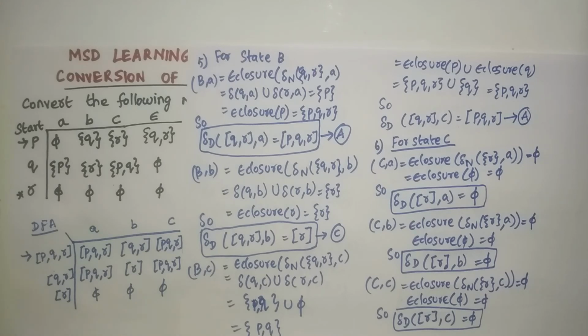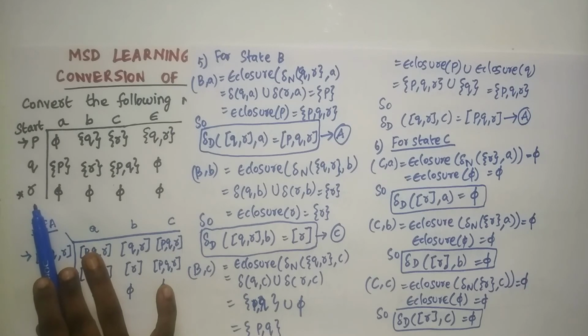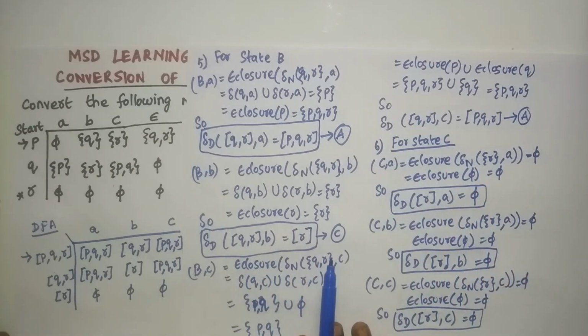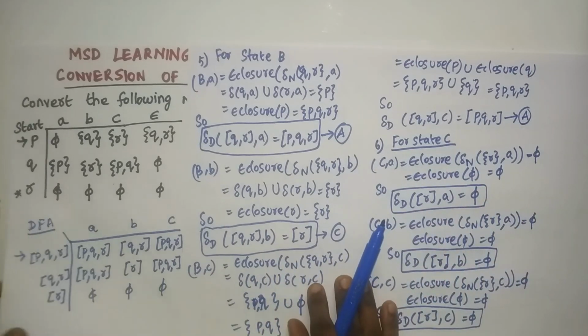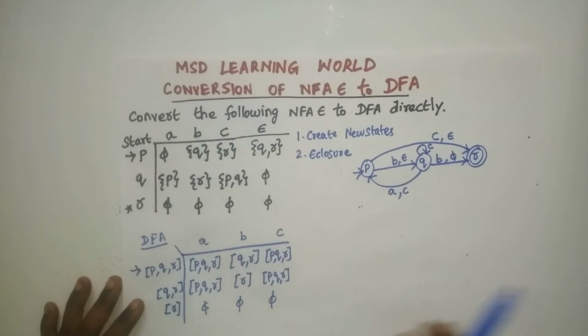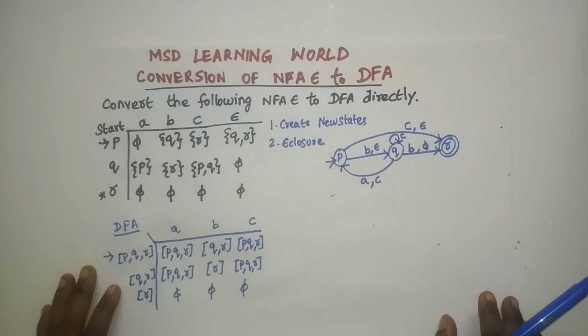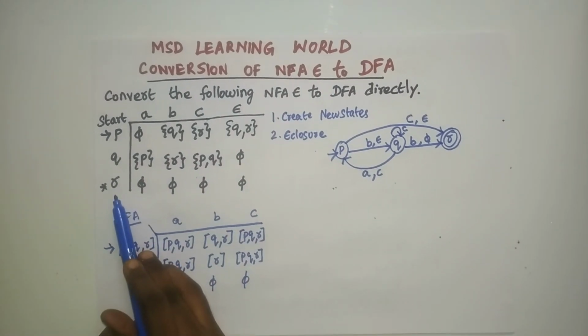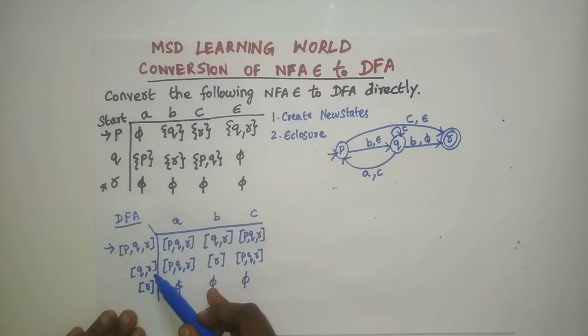With this, your processing of the transition is over and we have completed creating the DFA machine. For the final state of the machine, you have to see what is the final state of the given problem. The final state of the given problem is R.